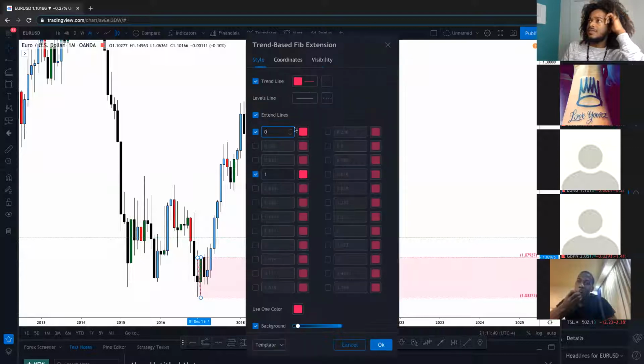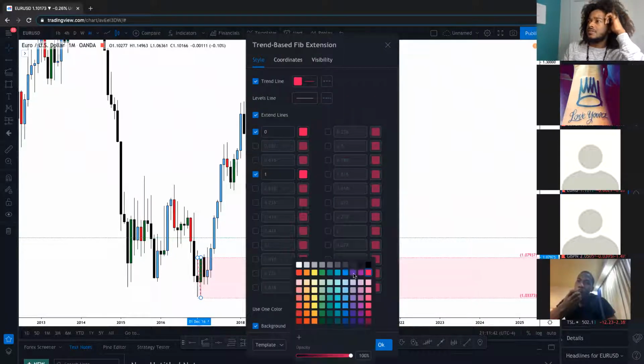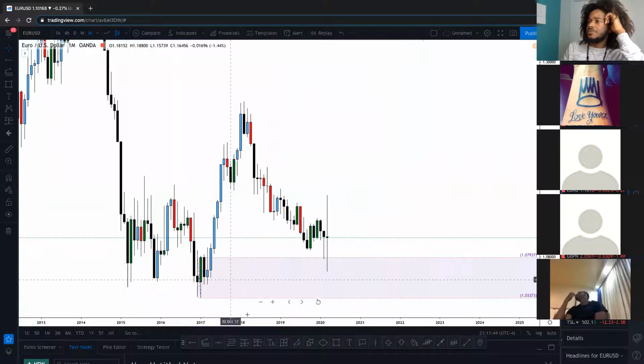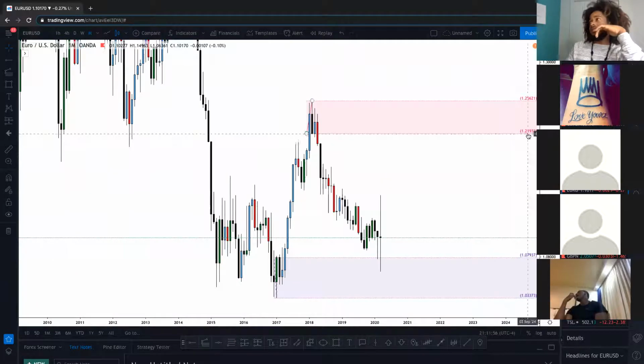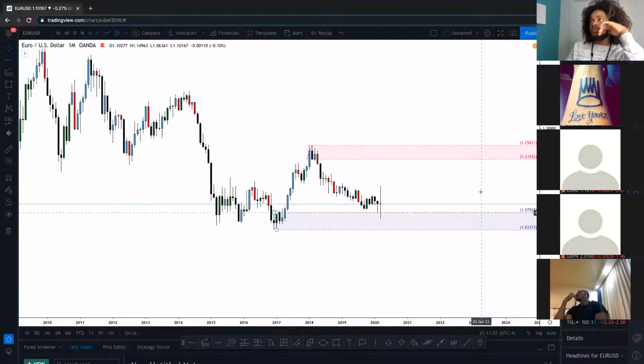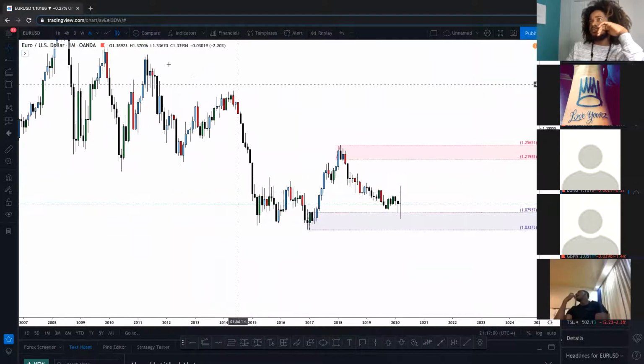I'll pick a color for this. Monthly, we put a monthly top here. All right, so here we have the monthly supply and demand for Euro USD.